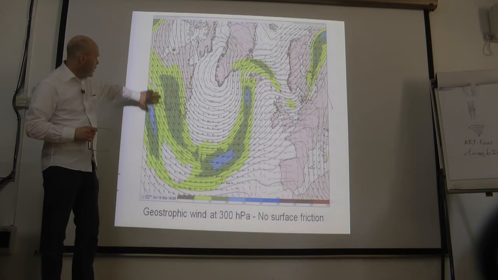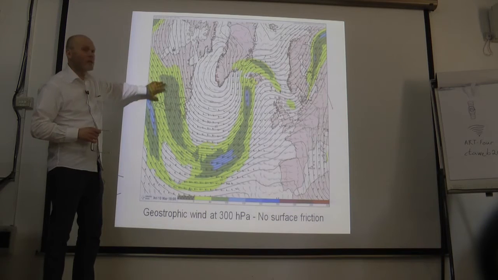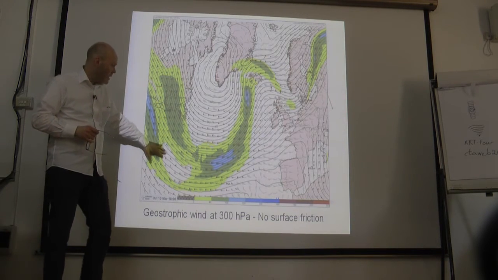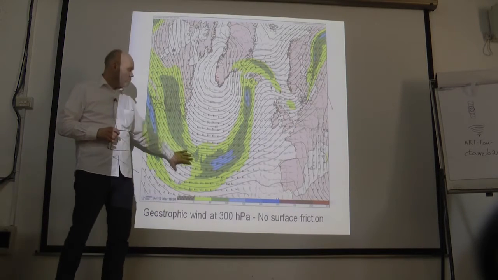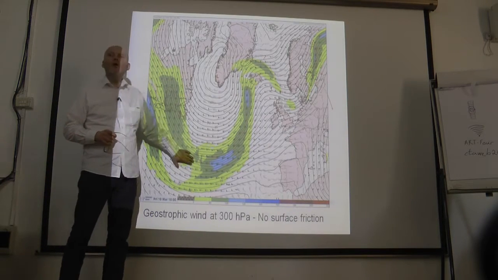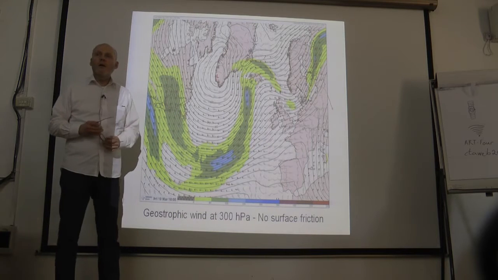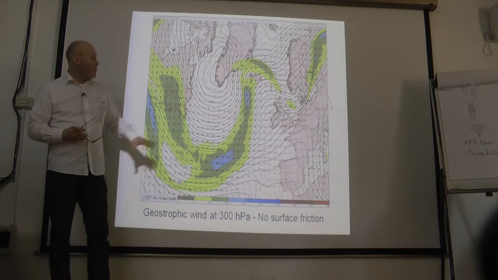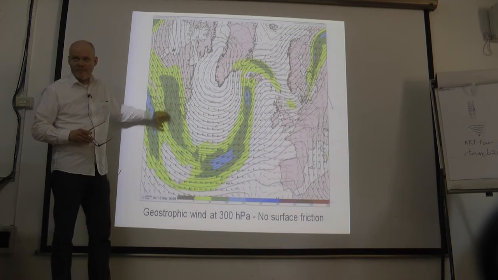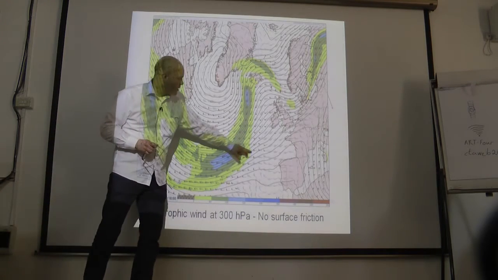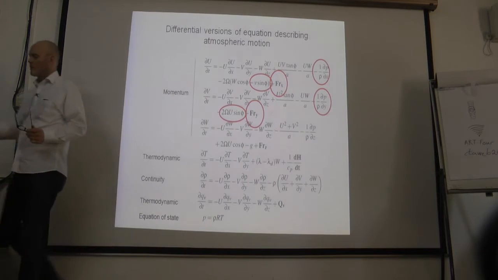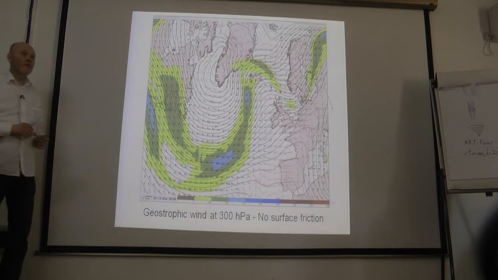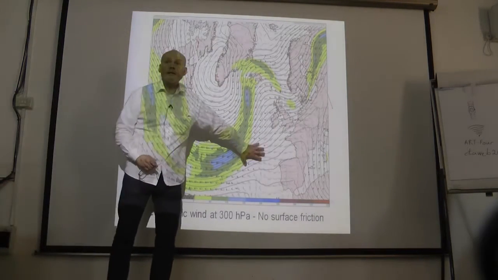And when we look at winds, these are winds at 300 millibars above the North Atlantic. These winds are quite close to being geostrophic in most places. But if we look, for instance, here, we see that there is a substantial ageostrophic part.